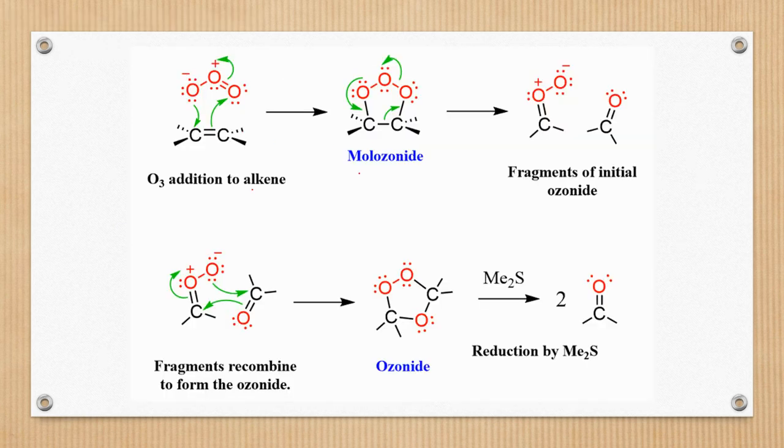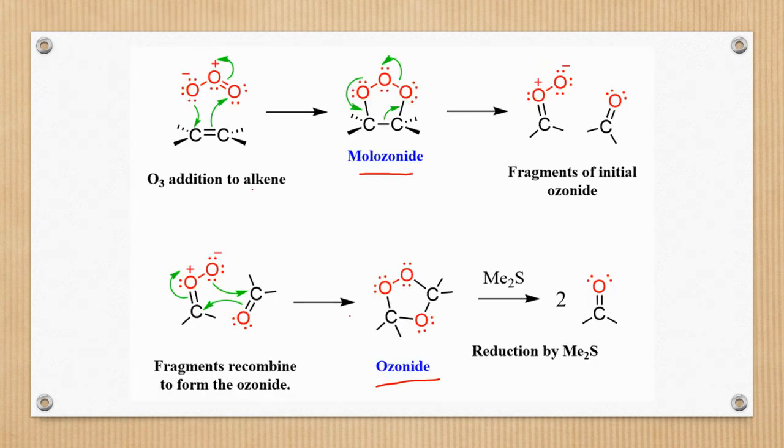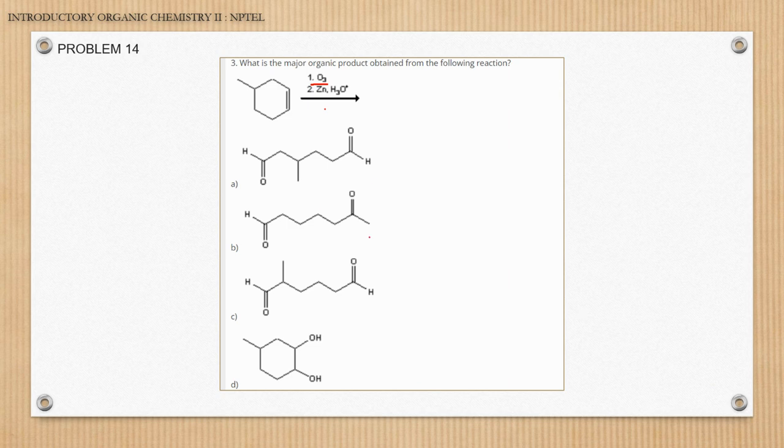O3 will add to give you molozonide, which again rearranges to give you these recombined fragments, which give you the ozonide. And after the formation of ozonide, at this carbon, after the reduction, you will get the ketone molecule. So basically there is a C-C bond cleavage, and you will end up with two carbonyl compounds. So now tell me what will be the correct option?